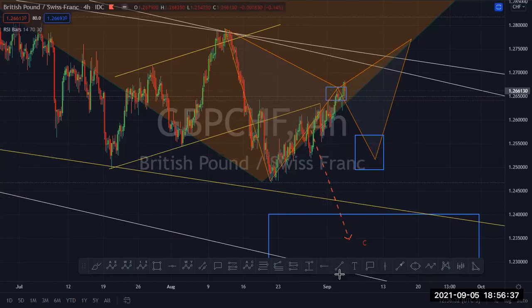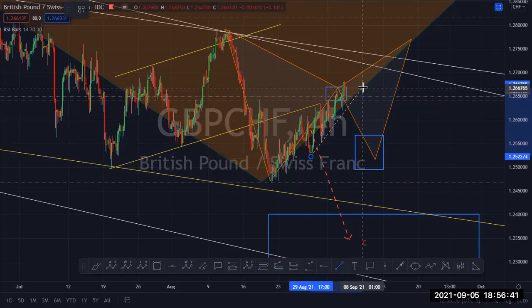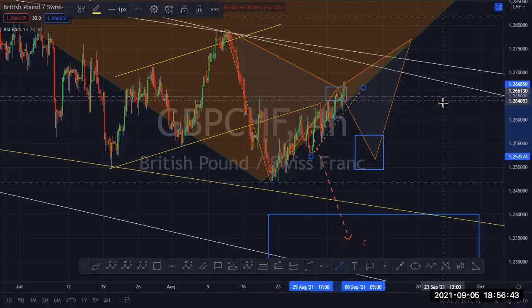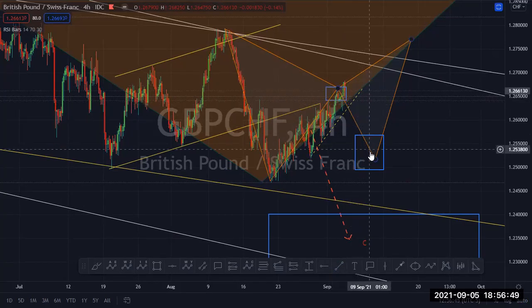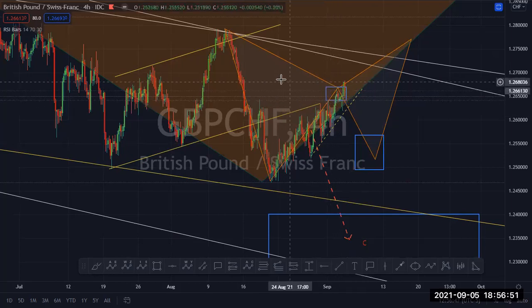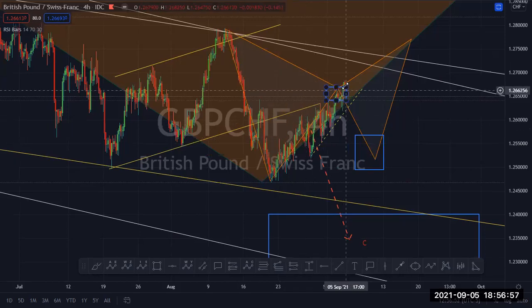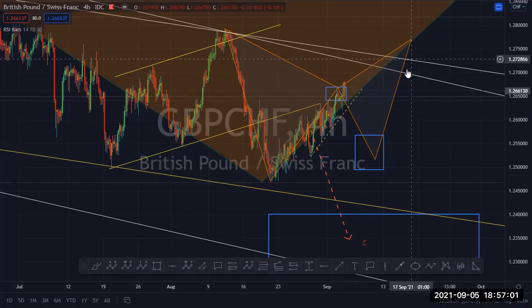If we get a sharp move that breaks this channel, a sudden sharp move down, then this channel will play out. If not, this is the first option, a break of this to this level before going up again.